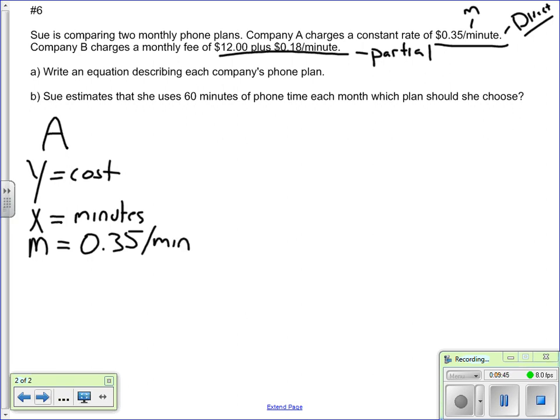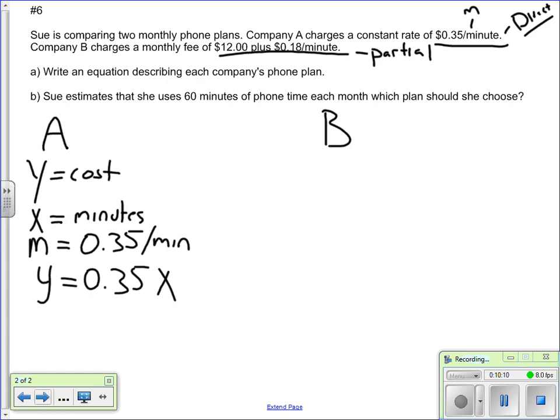This equation for Company A will be y equals 0.35x. Remember that b in this case, the plus b in the equation, is 0 because we start at 0. We're not dealing with a flat rate.